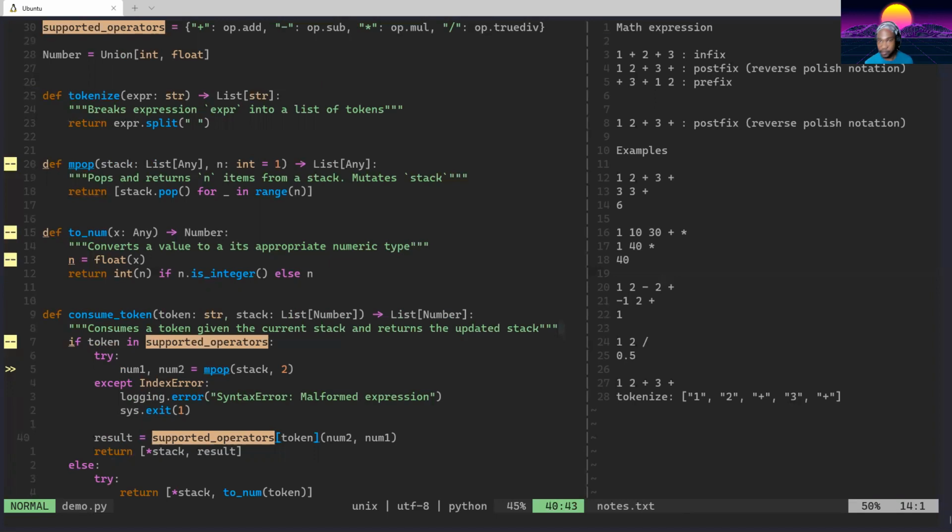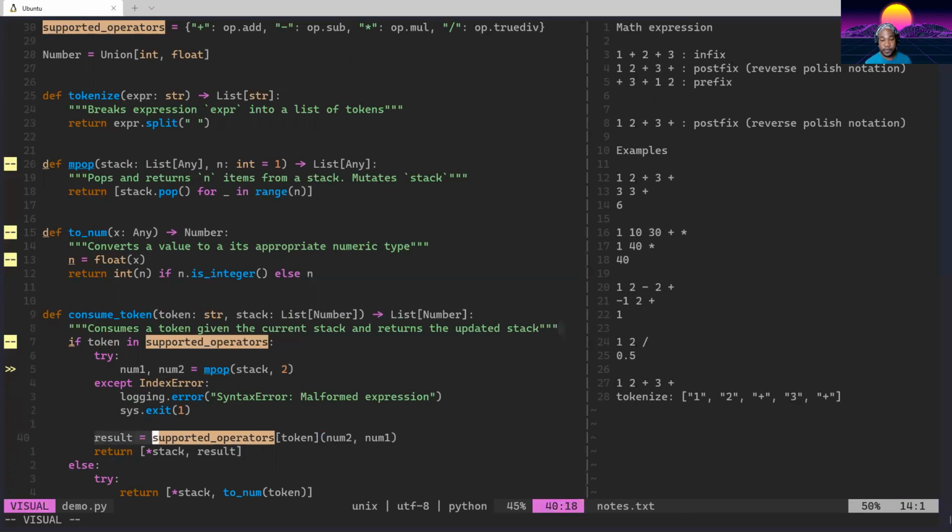And if this were the asterisk token, we get, and so on, right? And we apply that to the numbers that we took off the stack. And then after we've calculated our result, we append that result to the stack, right? And so that's our new stack.